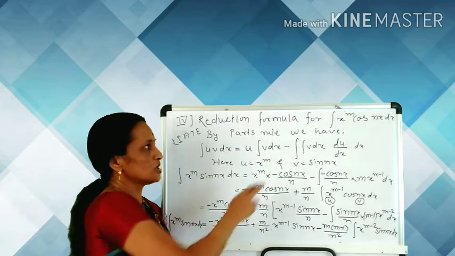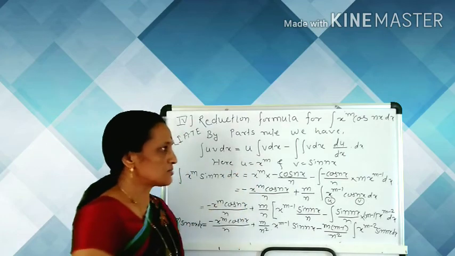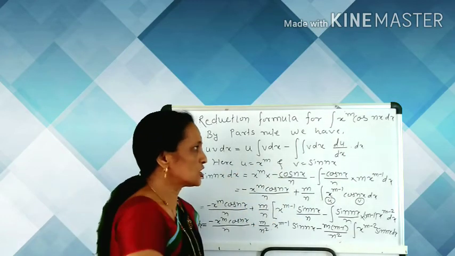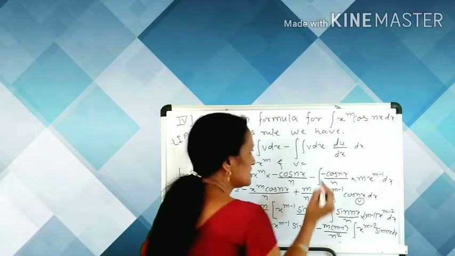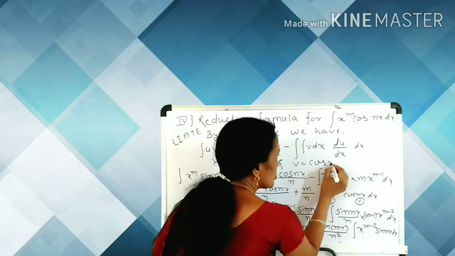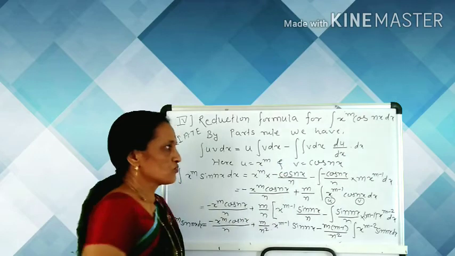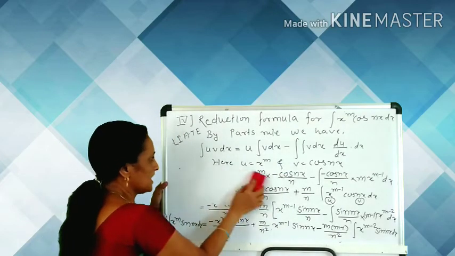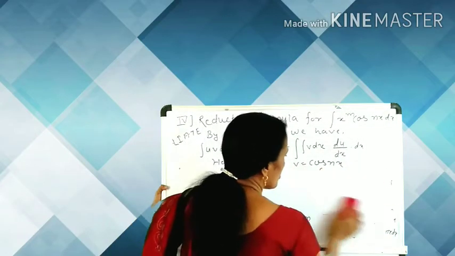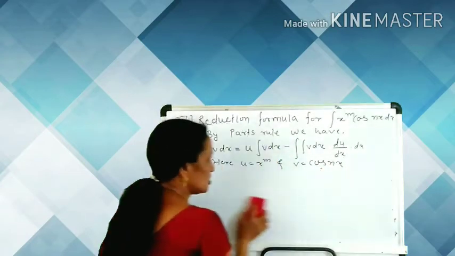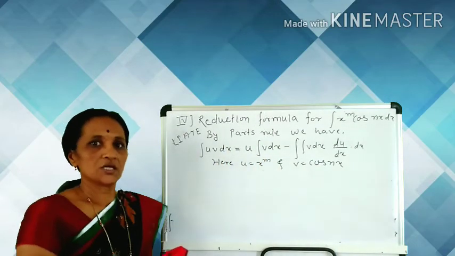If we use the by-parts rule for finding the integration of this, your choice is the first function is algebraic and the second function is trigonometric. So I change here only the sin nx to cos nx, and if we consider u is x raised to the m and v is cos nx, then we use the by-parts rule for the integration.